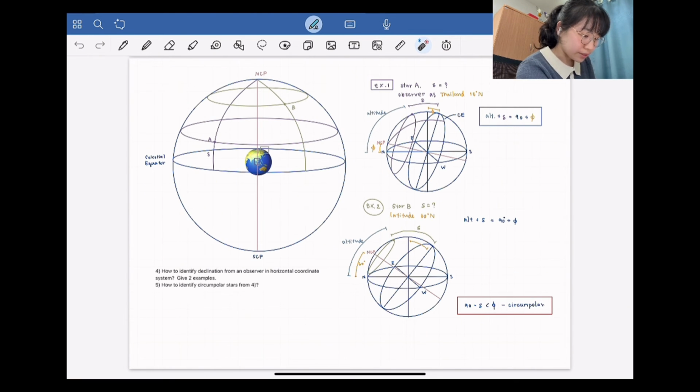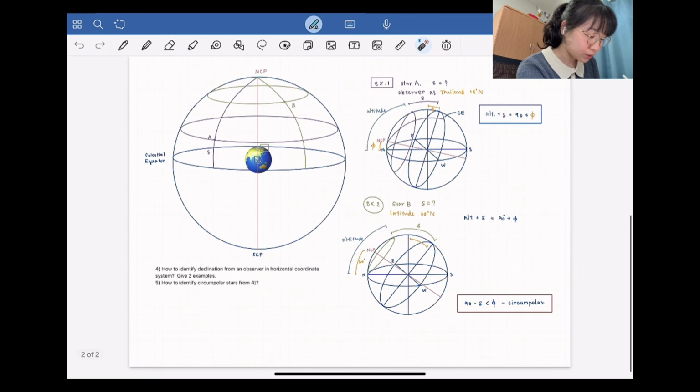But the uniqueness of example 2 is that you can see the star path here, which is the same as that line. It is above the horizon, which means it is a circumpolar star that won't set, so we can see it all night long.